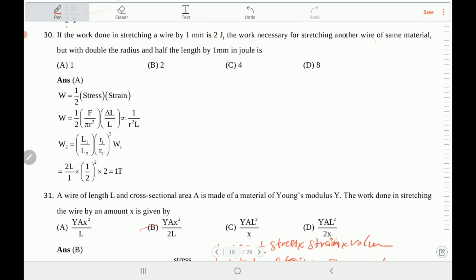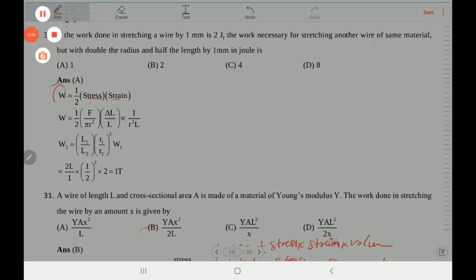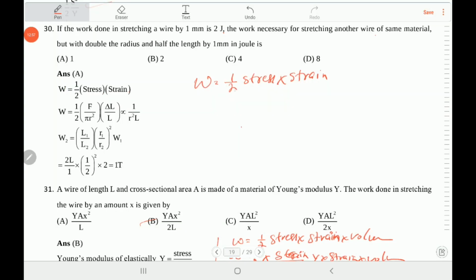Now first of all, you convert the relation half into stress into strain. This is the formula for energy per unit volume. This is actually the work done in stretching a wire, half into stress into strain, but into volume. He has brought volume to the denominator.